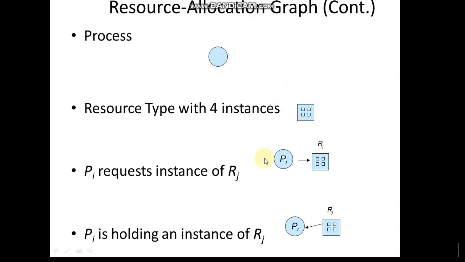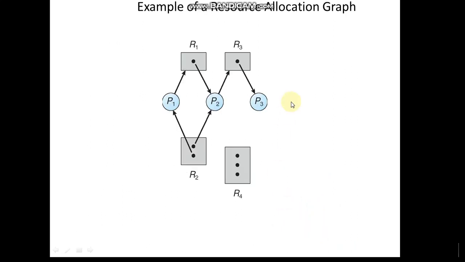A request edge goes from a process to a resource, and this is the assignment edge, which shows that one instance of Rj is assigned to the process Pi. So this is an example of a resource allocation graph.